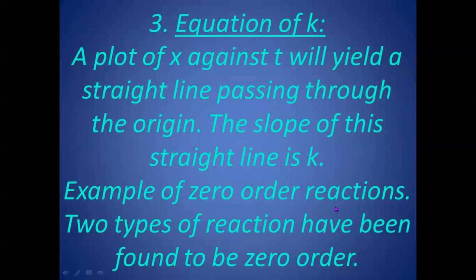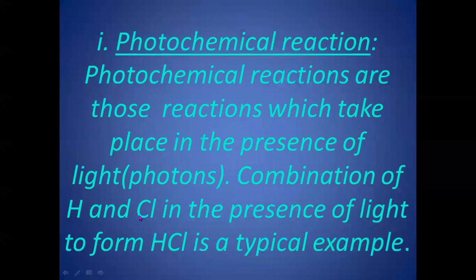Now a few examples of zero order reaction. Generally, these are of two types. First one is photochemical reaction. A photochemical reaction is that reaction which takes place in presence of light. It means to start or to complete the reaction, we have to supply energy in the form of light or photons.